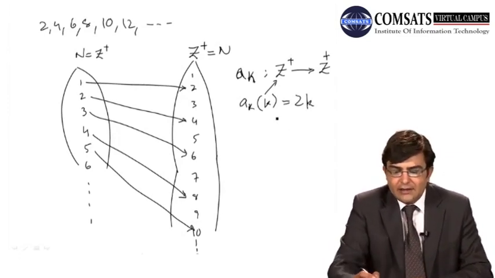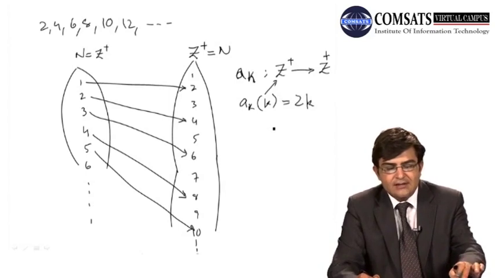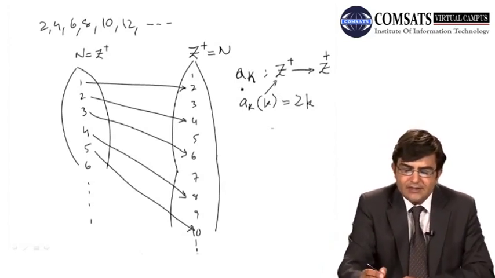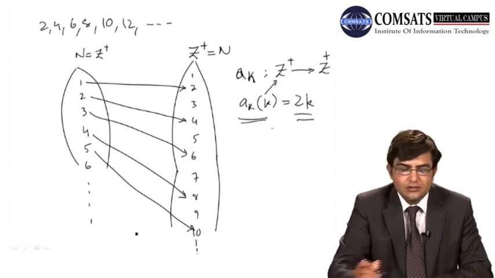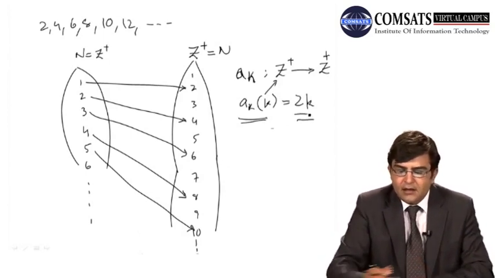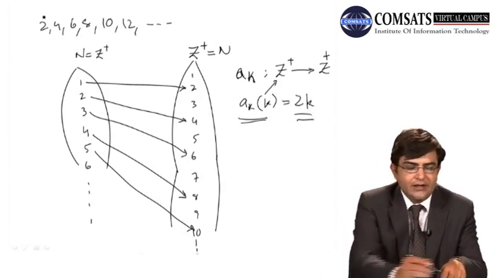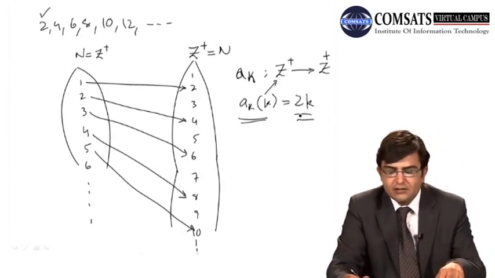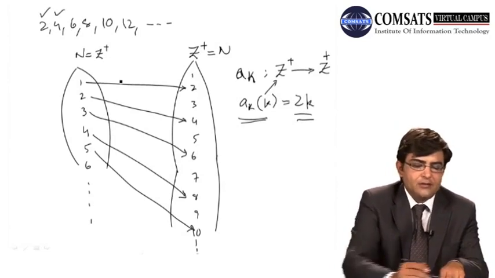So you can see that now we can obtain all the terms of the sequence. The sequence terms are basically A_k, or you can say 2k. If we put k equal to 1 from the domain, we obtain the first term: 2 into 1, 2. If we put 2 here, we get 2 into 2, 4, the second term of the sequence.